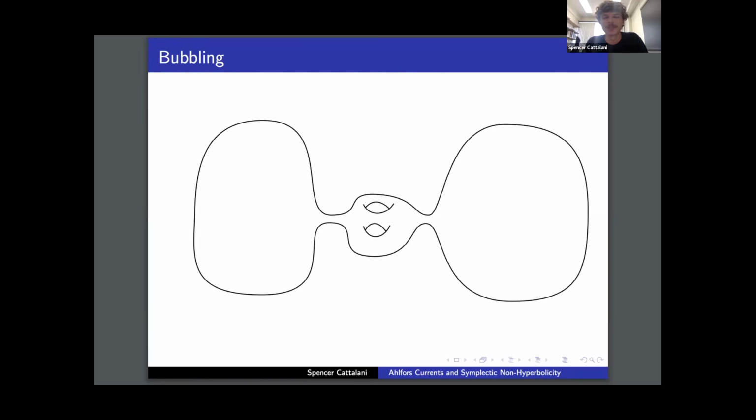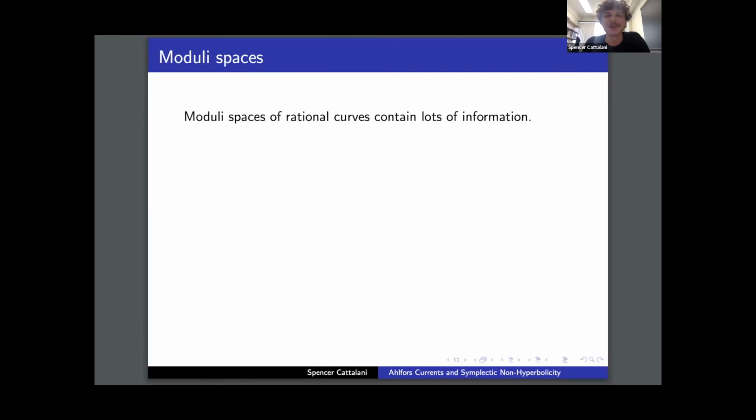The last point of this analogy between rational curves and Ahlfors currents that I'll talk about today is their moduli spaces. The moduli spaces of rational curves contain lots of information, so much that lots of people say that's the only thing people study in symplectic geometry.